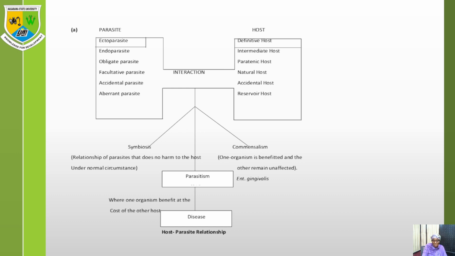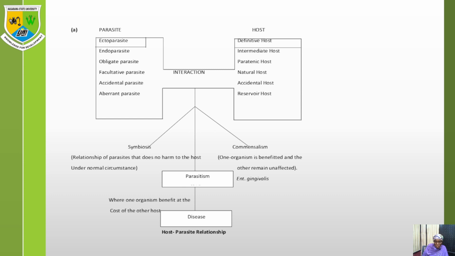Normally this relationship is friendly. Entamoeba gingivalis is an example of such friendly relationship between the parasite and the host. Entamoeba gingivalis is located in the buccal region, that's the mouth.